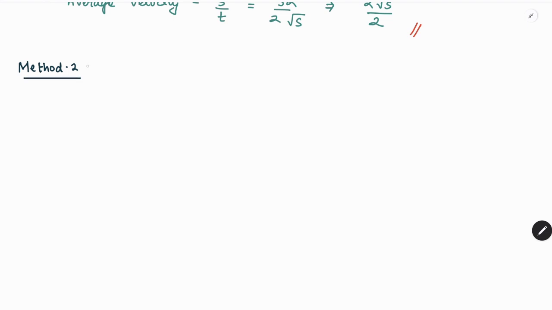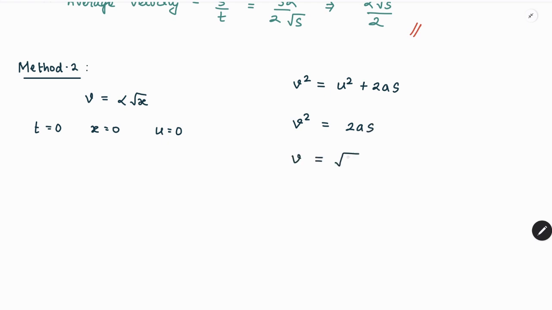So in this present context, the equation which we have is v equals alpha root x, and we establish that at t equal to 0, x equal to 0, and hence initial velocity is equal to 0. If we look at the resemblance of this equation, it resembles the form v square equal to u square plus 2as, wherein if we put u equals 0, we get v square equal to 2as, and v is equal to root over 2a times root s.